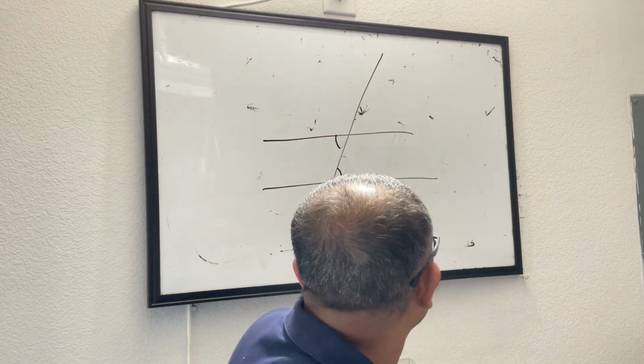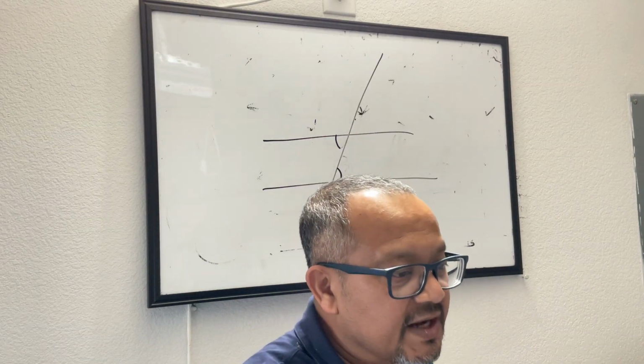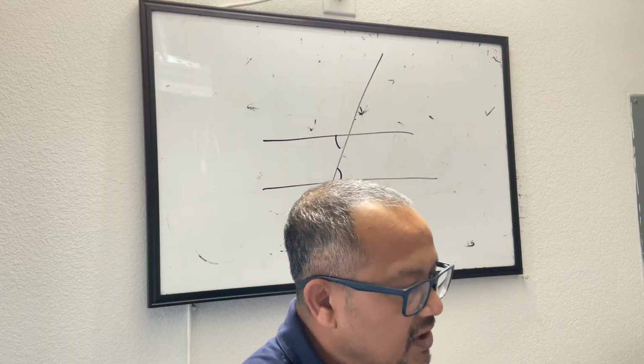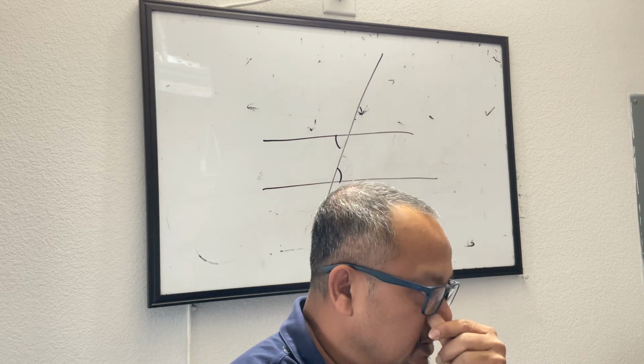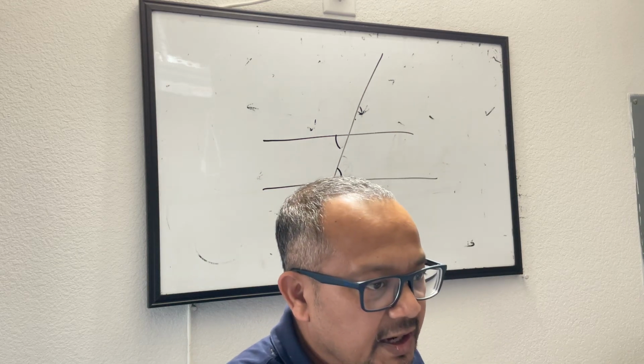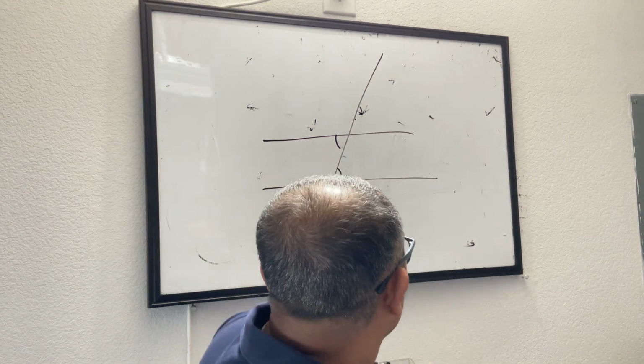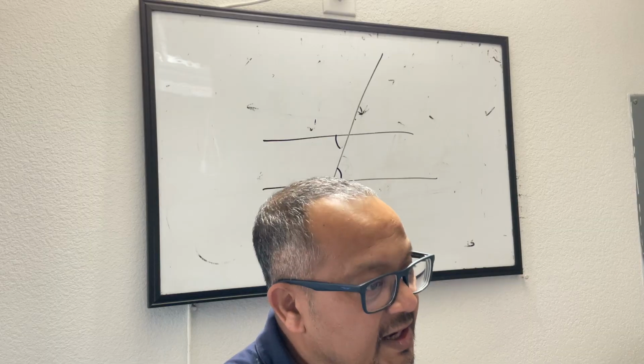Now if I ask, what is the relationship here? For the corresponding angles we said that they are the same. Are these also the same? No? What do you think? Anybody? What is the relationship between these angles? I'm asking you to tell me whether the alternate interior angles are the same or not.